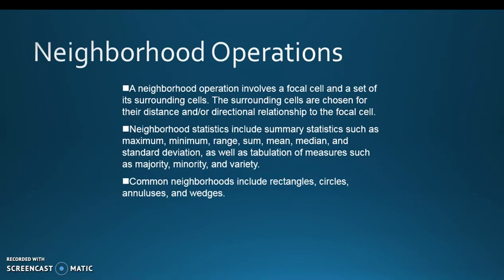These are, for example, maximum, minimum, range, sum, mean, median, standard deviation, or some tabulation of measures, for example, majority, minority, and variety. Some common neighborhoods include neighborhoods of rectangular shape, circles, annulus, and wedges. So the next slide will illustrate some of these major types.